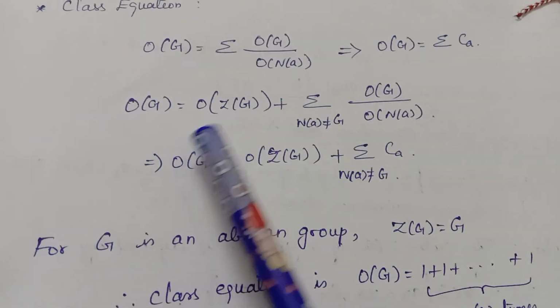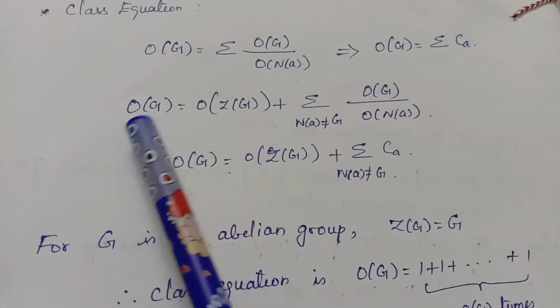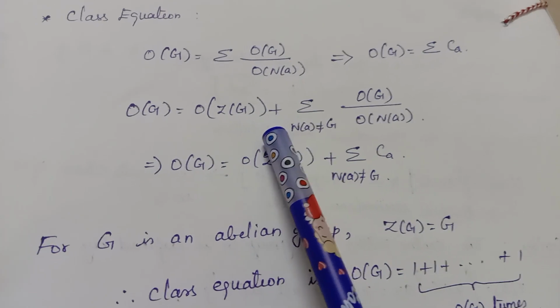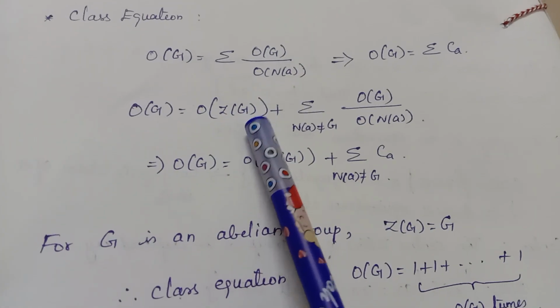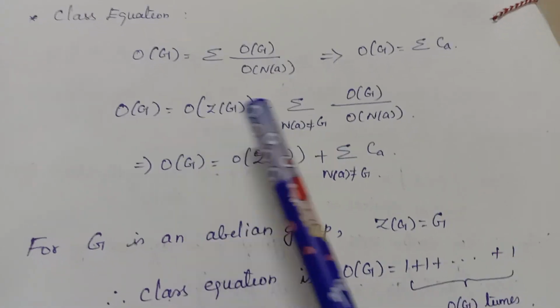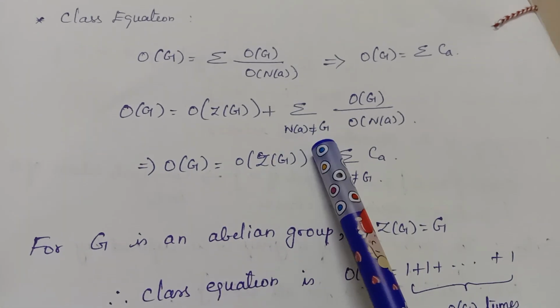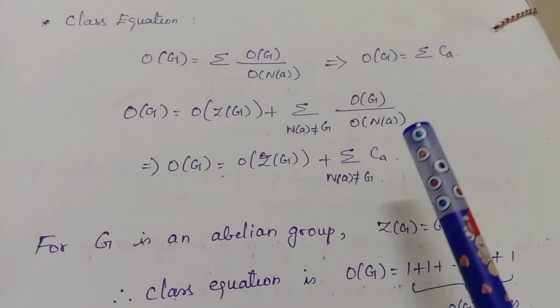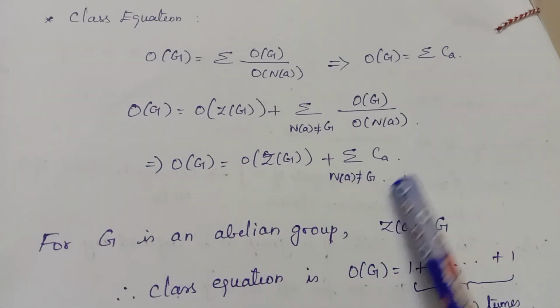This can be split as order of G equal to order of Z of G plus, since the center consists of elements commuting with all other elements of G, we separate them as one part. The other part is the summation over N of A not equal to G, of order of G by order of N of A. This is the class equation.